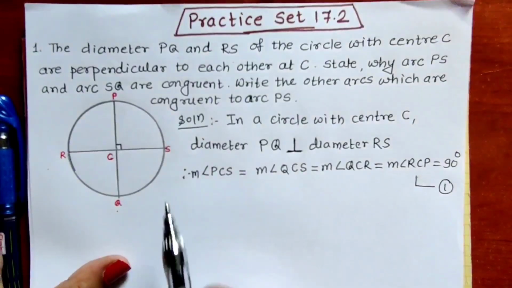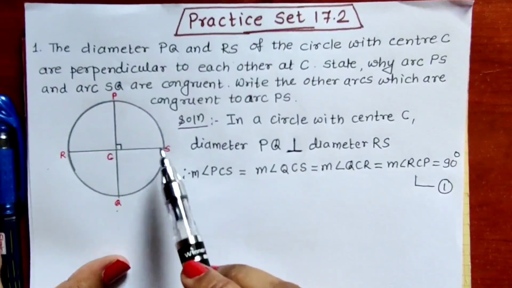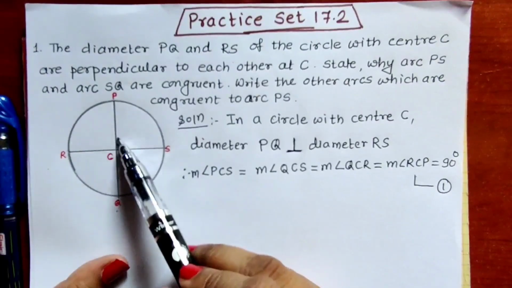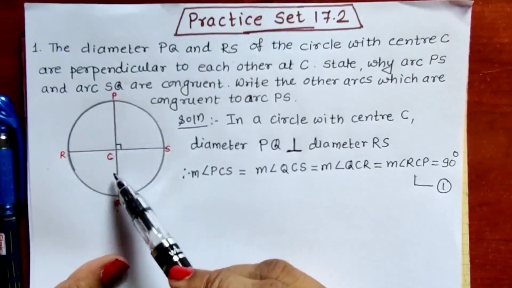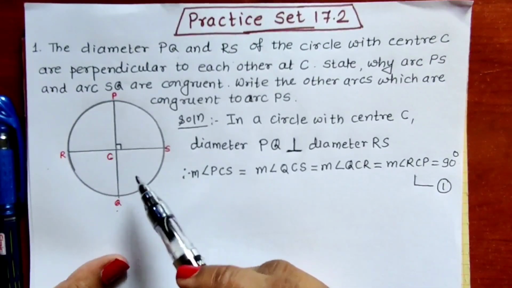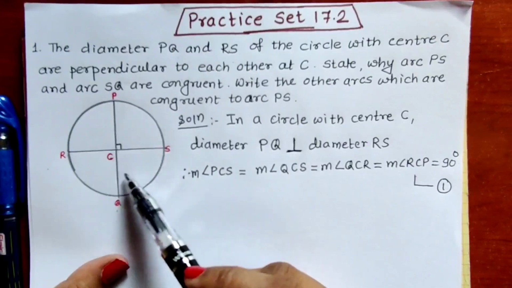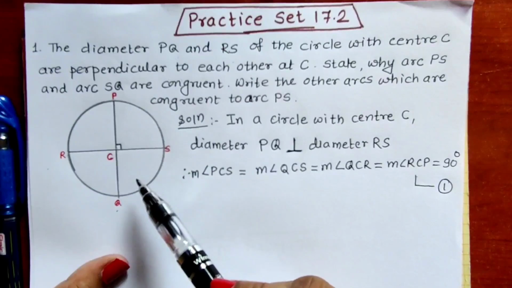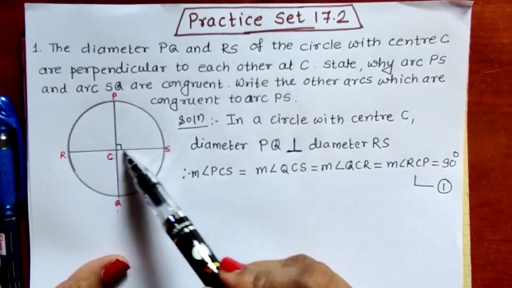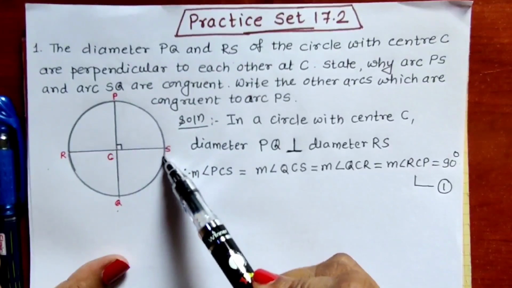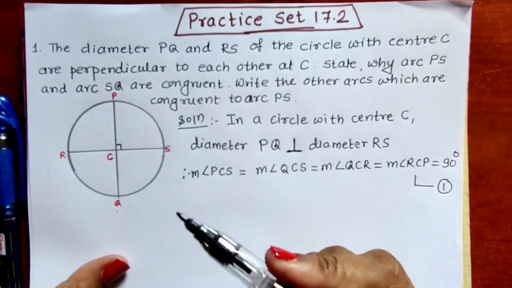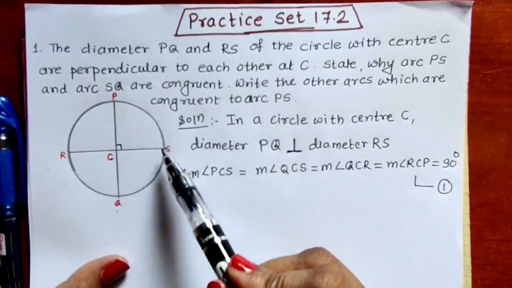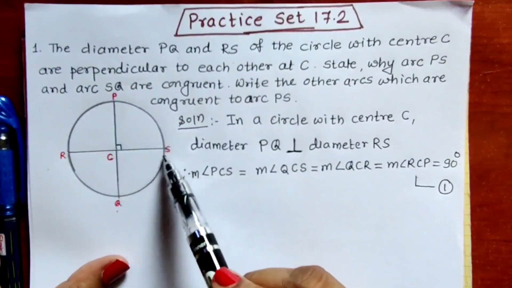Now let us see, all these four angles are central angles also, because their vertex is the center of the circle. An angle whose vertex is the center of the circle is known as a central angle. And we all know the measure of a central angle and the arc subtended by it are equal. That means the central angle and its corresponding arc are equal. The measure of angle PCS will be equal to the measure of arc PS.